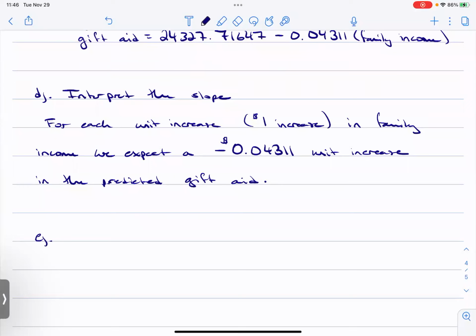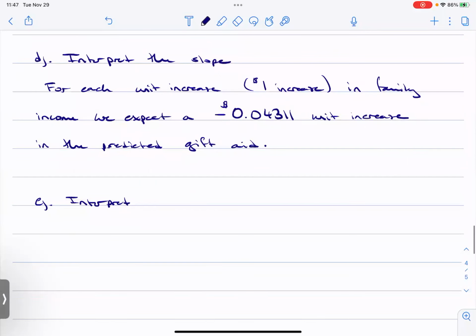How about part E? Interpret the intercept. And then the follow-up is it meaningful? I feel like you guys could make up these questions with what I just introduced. Well, let me guess. Interpret the intercept. Is it meaningful?